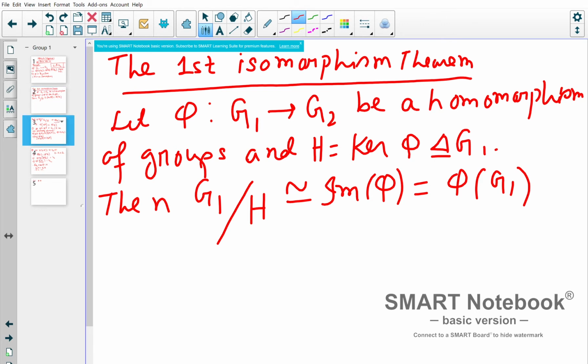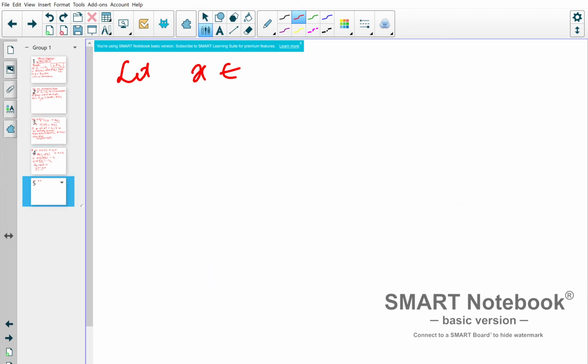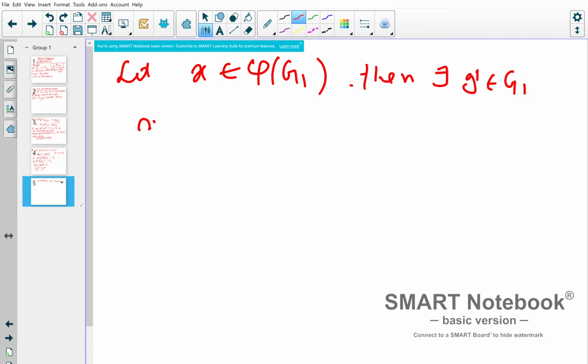This is my map from phi of G1, so let me choose some X belonging to phi of G1. Then there exists some G dash belonging to G1 such that phi of G dash equals X. This is by definition, right?